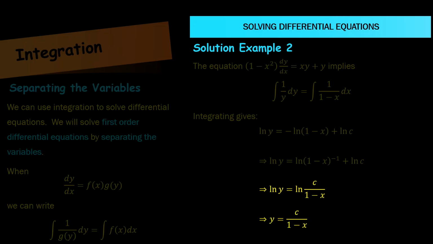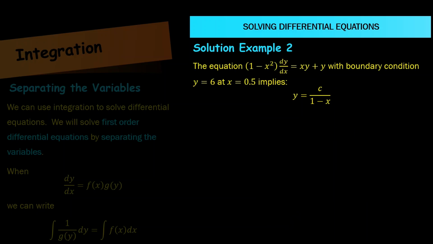And so now, of course, we have y equals c over 1 minus x. We've simply removed the ln from both sides, or raised both sides to the power e. And so we have a general solution, y equals c over 1 minus x.